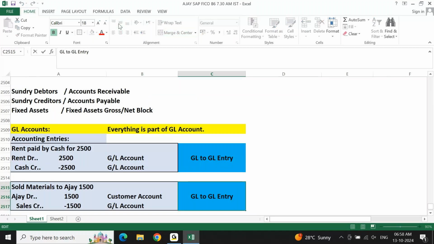Second one, customer is a subledger, so this is a GL and customer entry. Third one, GL and vendor entry, GL and subledger.